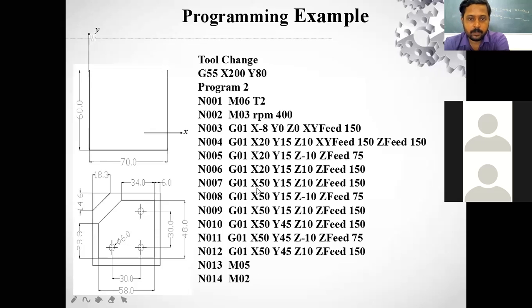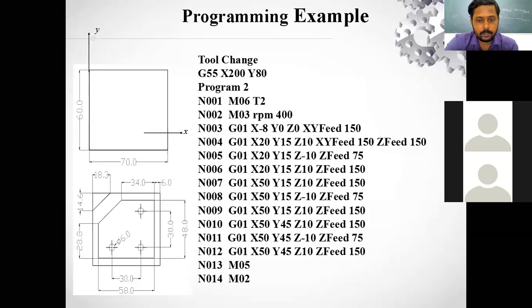So what I'm going to tell you is that in the next lecture we will see how this particular program is going to be written, how the machine is going to work, and how we are going to get this particular object. I think we should go with two examples.